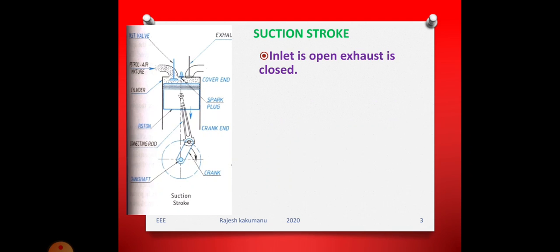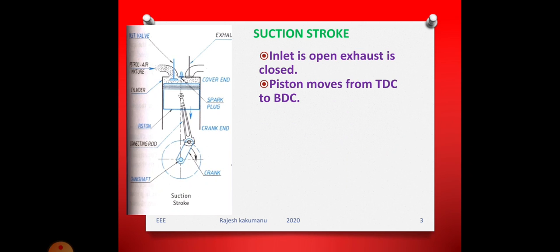At that time the exhaust valve should be closed. Next, the piston moves from top dead center, TDC, to bottom dead center, BDC.